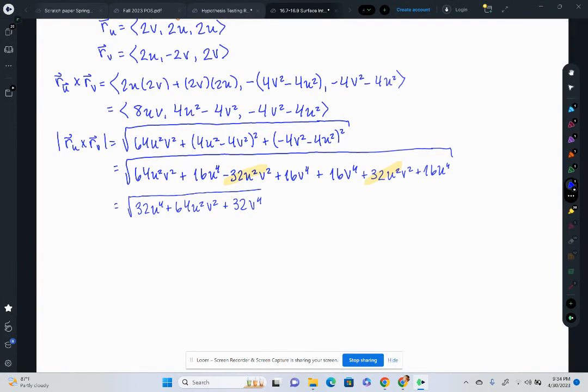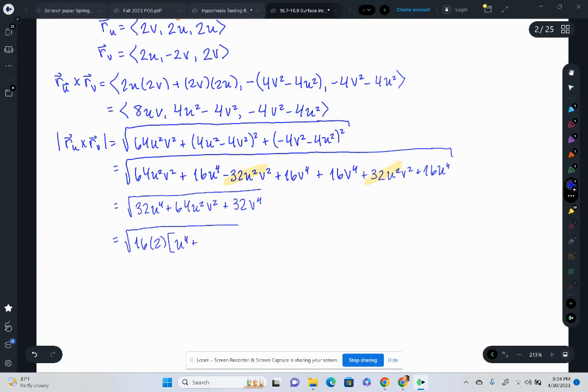Everything has a 16 in common, and really everything actually has a 32 in common. So I'm going to factor out a 16 and a 2. I know that seems a little strange, you'll see why. I'm going to factor out a 16 and a times 2 and leave behind u to the fourth plus 2u squared v squared plus v to the fourth.